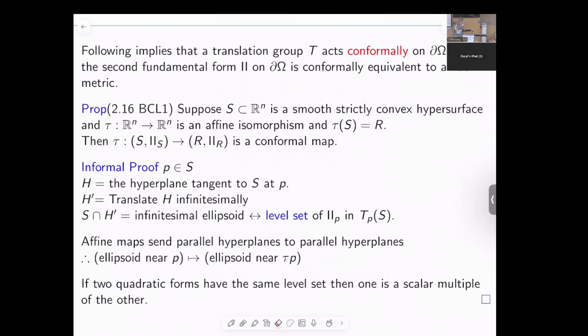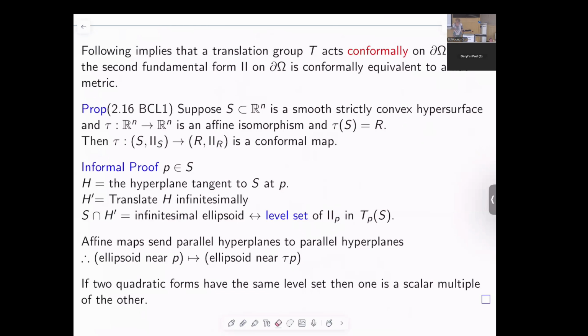It will now intersect the hypersurface in some infinitesimal ellipsoid. Now, affine maps send parallel hyperplanes to parallel hyperplanes. It sends ellipsoids to ellipsoids. And that infinitesimal ellipsoid determines the quadratic form. And so that's why this action is conformal.